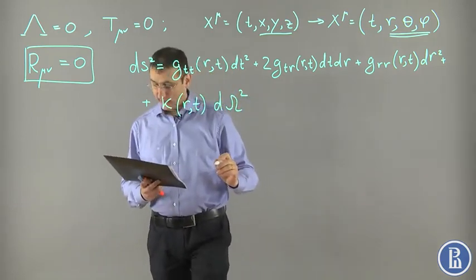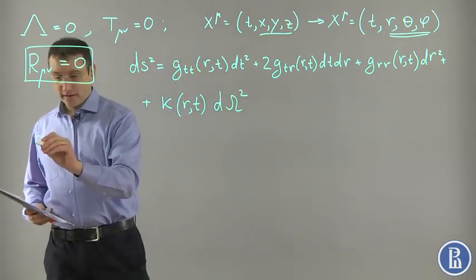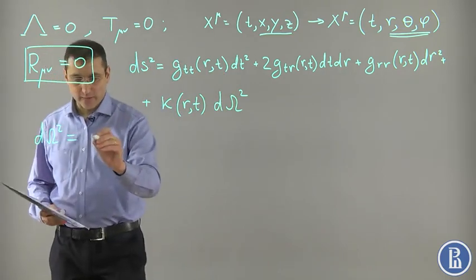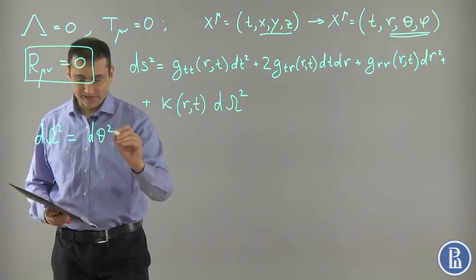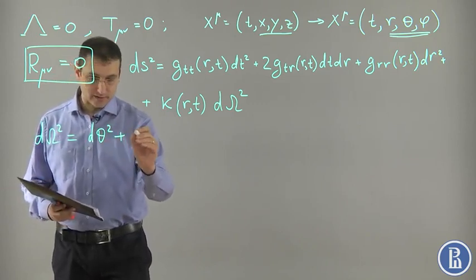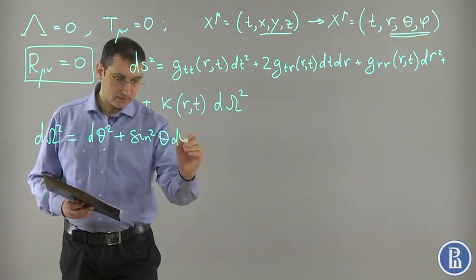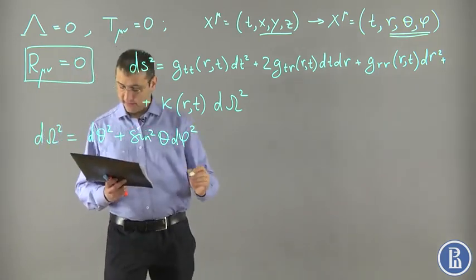What is d omega? d omega squared is the well-known metric on the unit sphere, which in spherical coordinates looks like this.